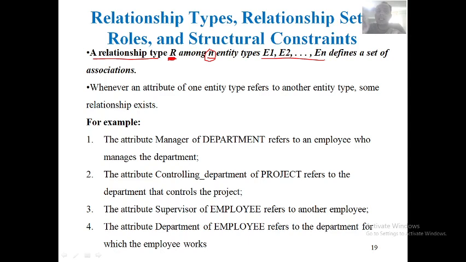Try to read this sentence twice or thrice and you can understand. Again, whenever an attribute of one entity type refers to another entity type, some relationship exists.